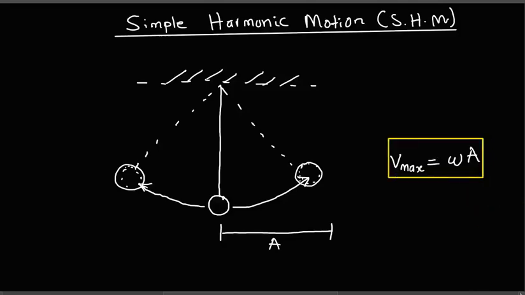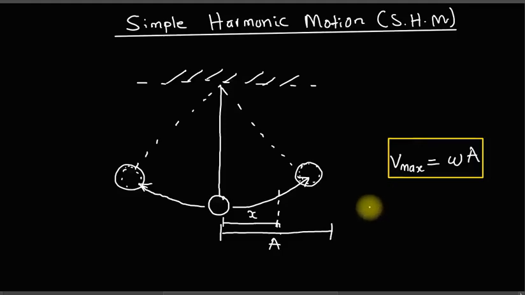And then, not every time will the simple pendulum be displaced to its point of maximum displacement. A pendulum can be displaced some meters away from its equilibrium position. As such, instead of having an amplitude that is the maximum displacement, we can have a distance, which we call x, from the equilibrium position.